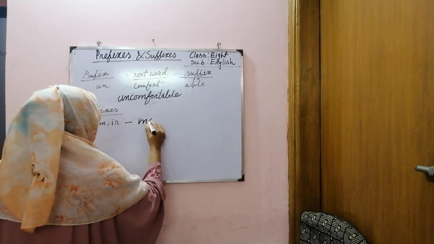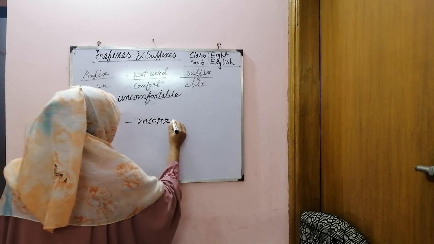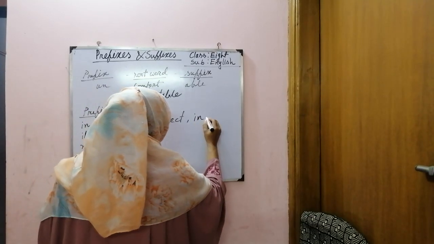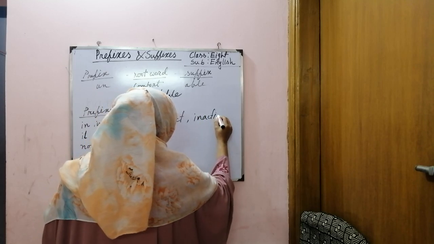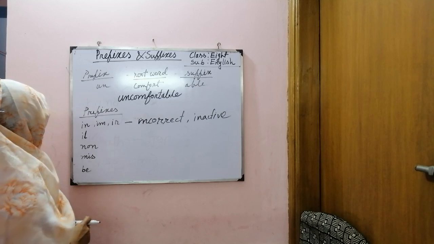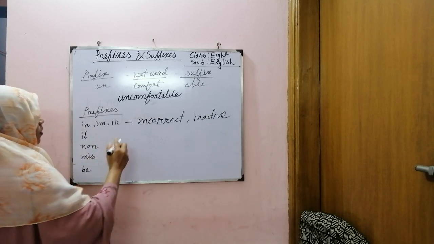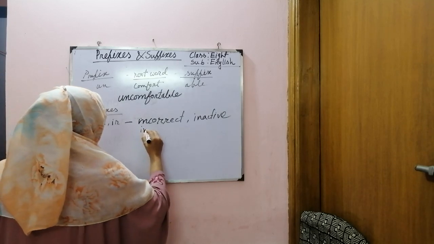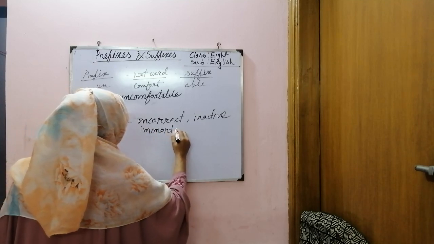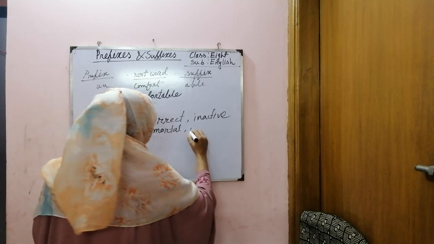We can write incorrect, inactive, immortal, impossible.